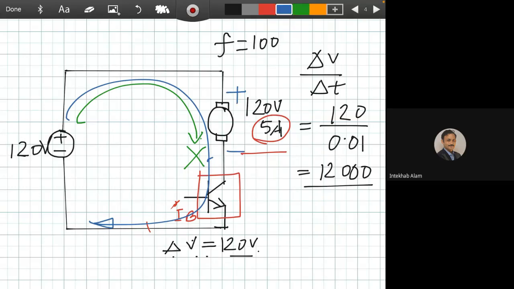Current is rising, the slope is positive. Whenever you switch off the switch, the current will not flow and it will just decay in this direction. So this part will act as a boost converter. Can you imagine that it will actually boost up the voltage?